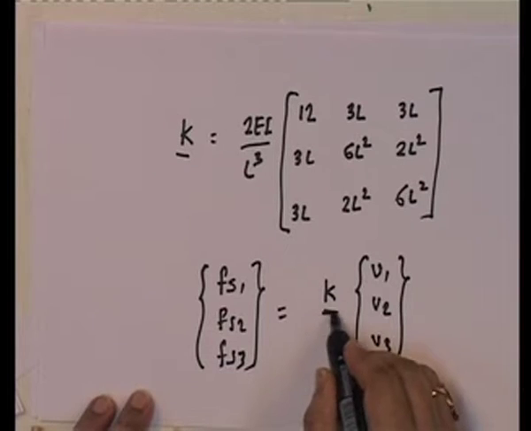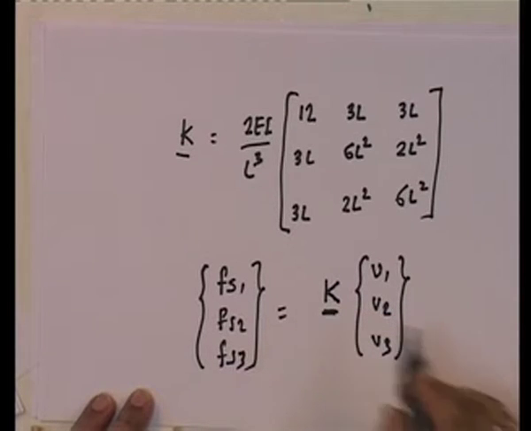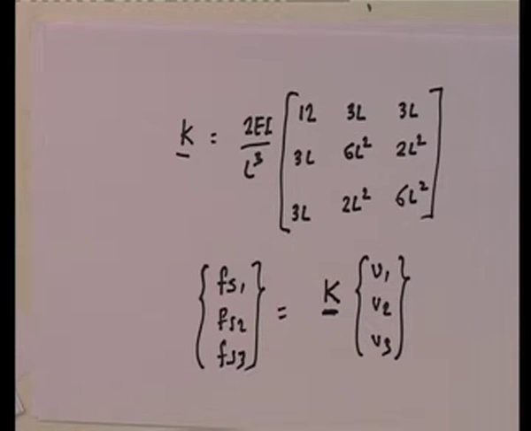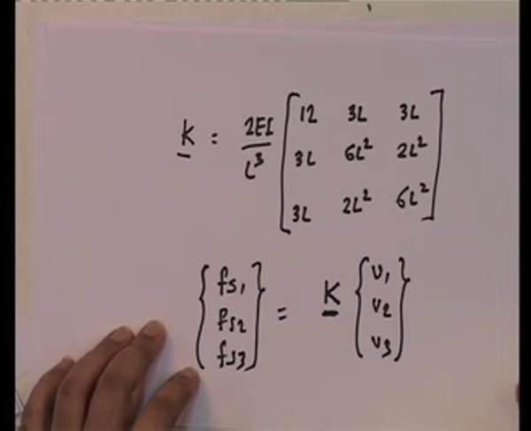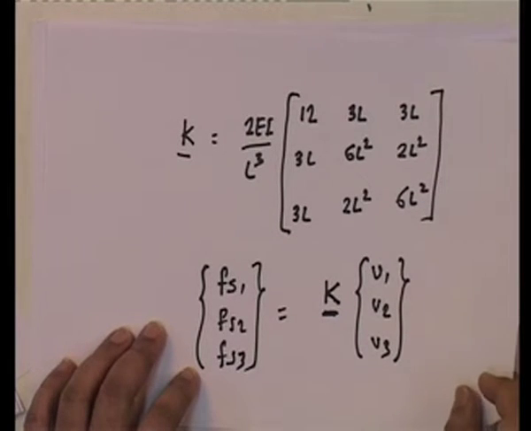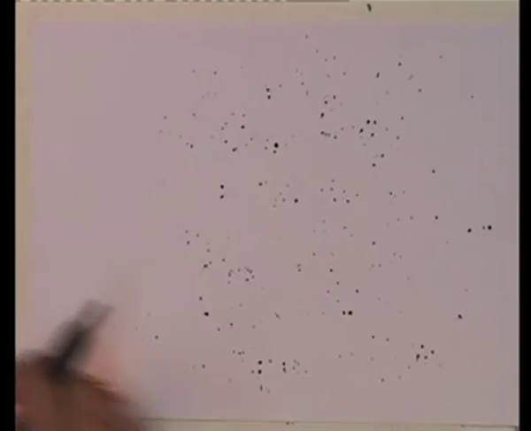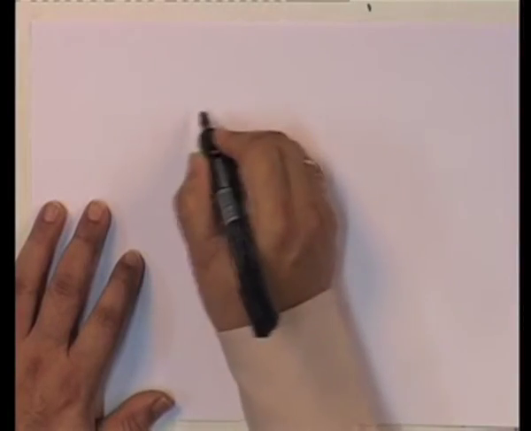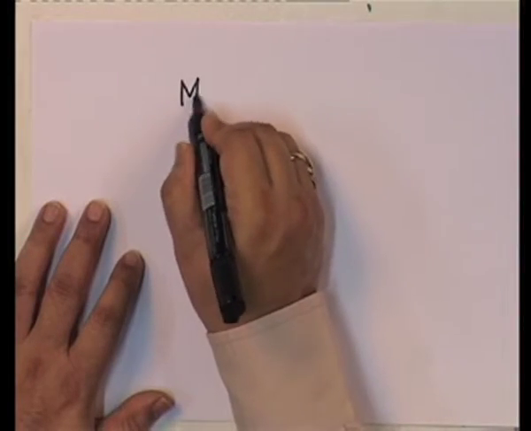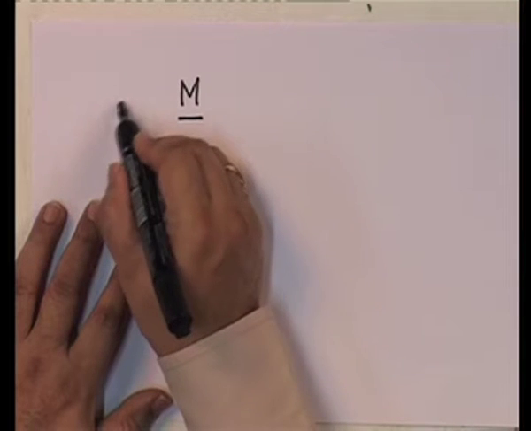So, I found my structure K matrix. Now the question becomes, what are the other things that we have to find out? Well, we have to find out the mass matrix, remember that? So, I have to find out the mass matrix, which is what? What is the mass matrix?